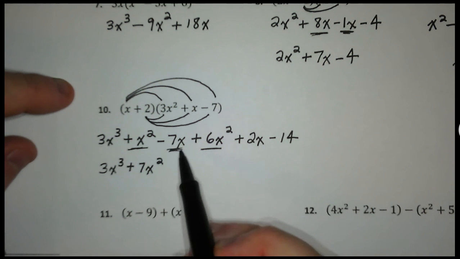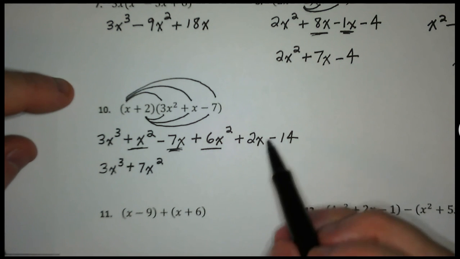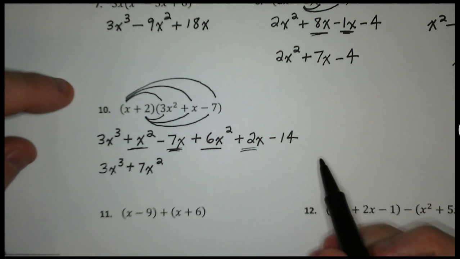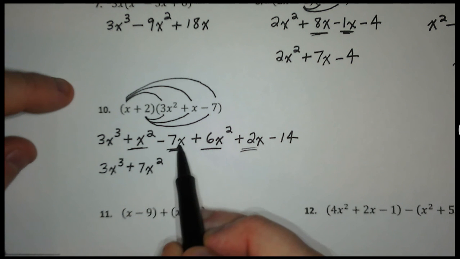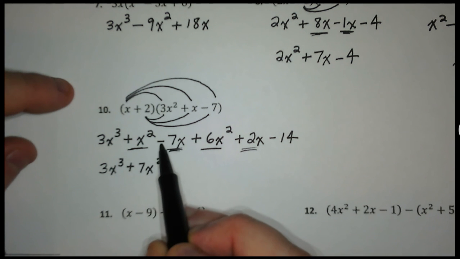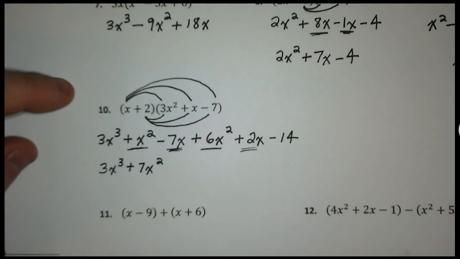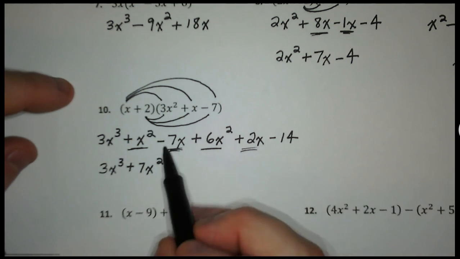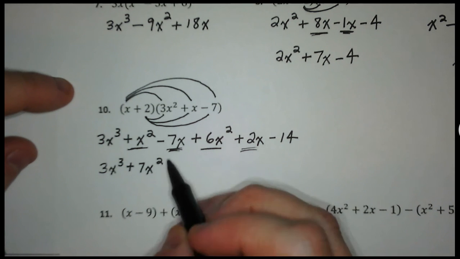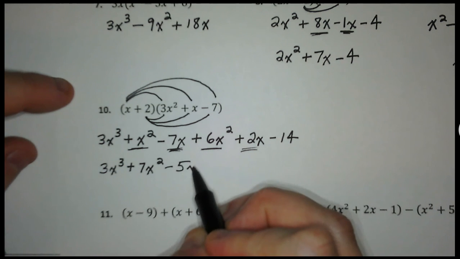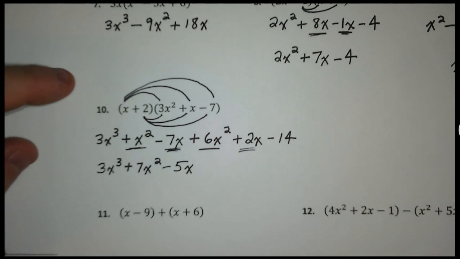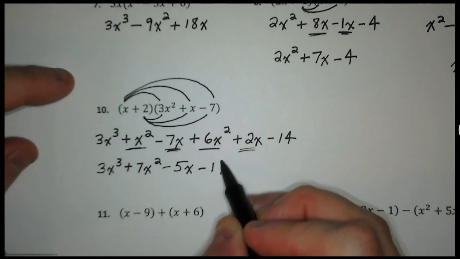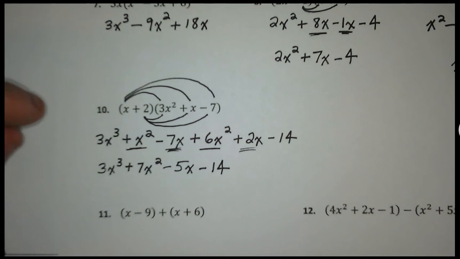Then we have a negative 7x plus 2x. Now remember, it's not just 7x, it's a negative 7x. The sign in front matters. It's included. Negative 7x plus 2x is actually minus 5x. And then the minus 14, no other terms like it.